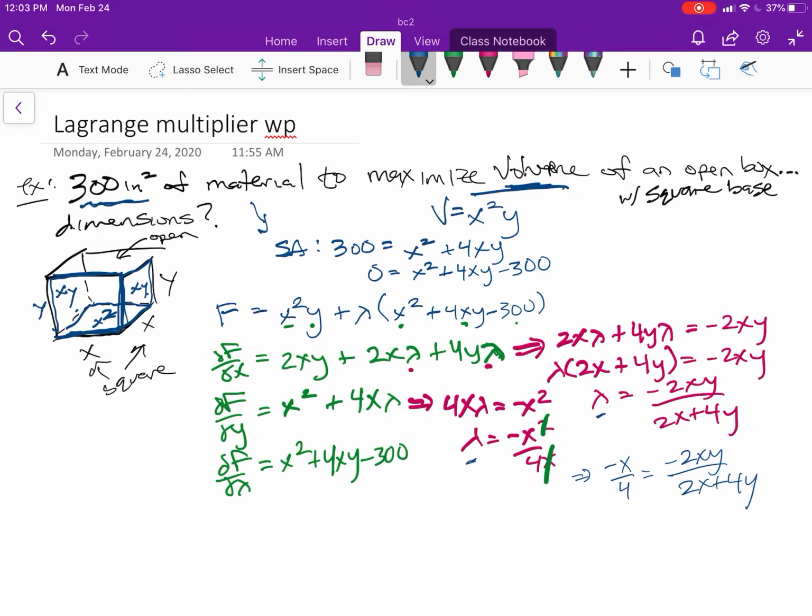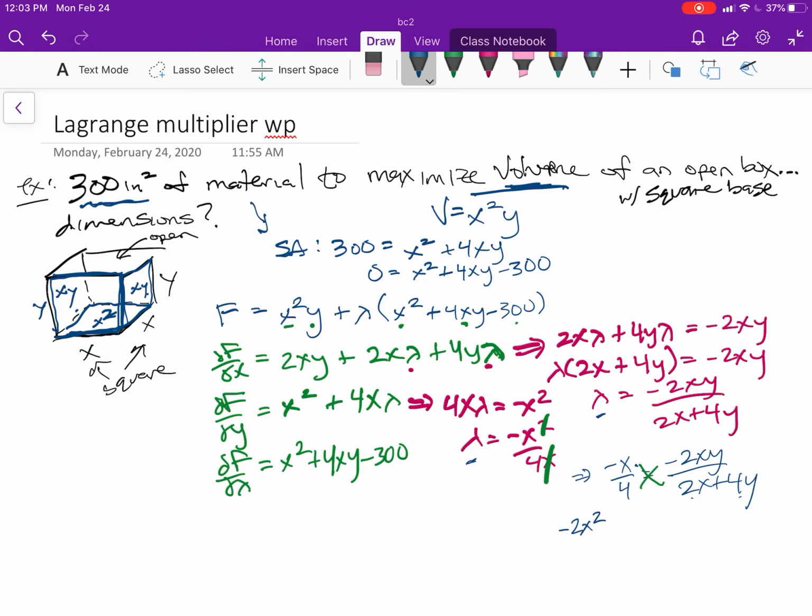Bit ugly here. We need to solve for x or y. I don't, at this point, really know what's going to be easier. I don't like all these fractions, though. Let's just do cross multiplication. Multiply the denominator on both sides, basically. The LCD, so we would get negative x multiplied by 2x plus 4y.